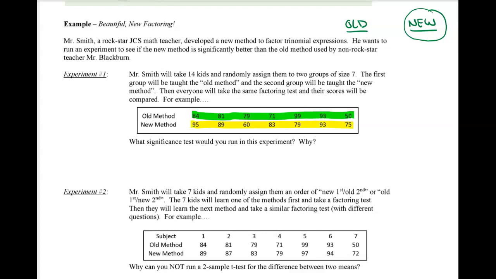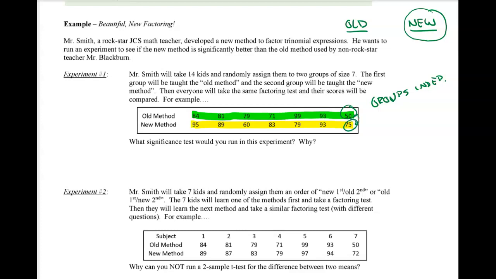I have 7 and 7. I kind of matched them up graphically because I put them over top of each other. But is this person related in any way to this person? Are these groups independent or dependent? Are they linked? The person that took the old method really has nothing to do with the person that took the new method.